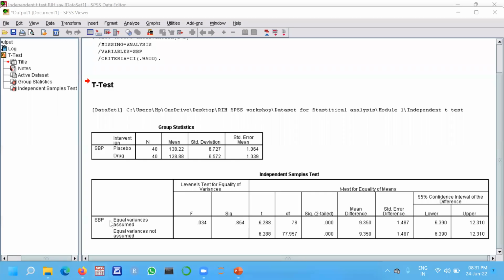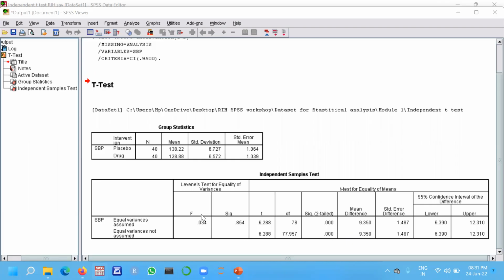So here equal variances are assumed and here significance is more than 0.05. So equivalence of variance is assumed. Here it is less than 0.05. So there is a highly significant difference between the means of placebo and drug.